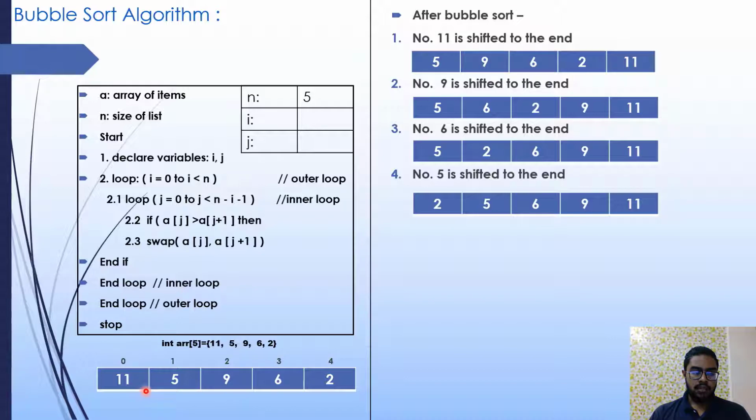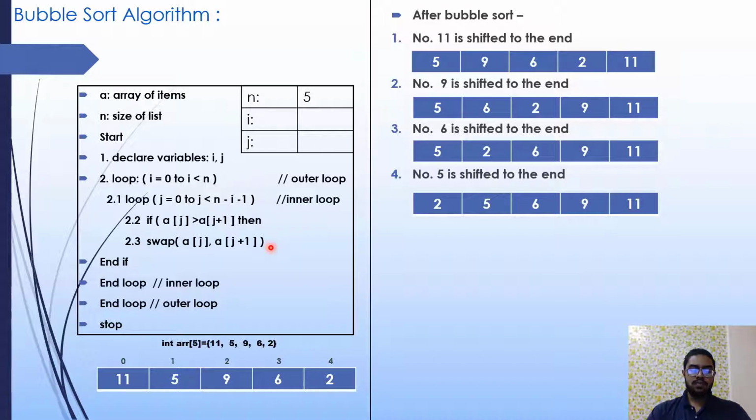To make this array in order, we are going to use the bubble sort algorithm. By using the bubble sort algorithm, this array will be made ascending. So we are going to apply the algorithm and visually understand what exactly is happening. Let's start off with the algorithm and we will understand on the way.